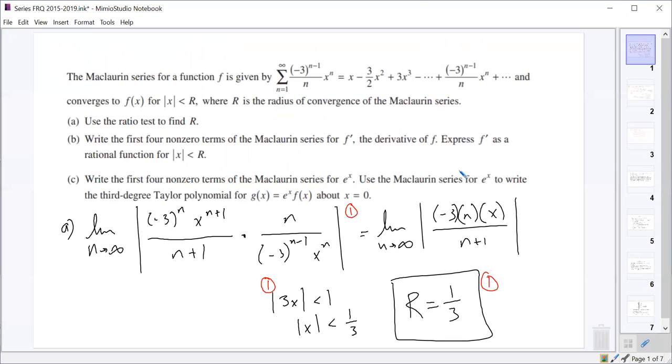And then it says use that series to write the 3rd degree Taylor polynomial for g of x, where g of x is e to the x times f of x. So we are looking at e to the x times this function up here. And we want the first 4 non-zero terms.